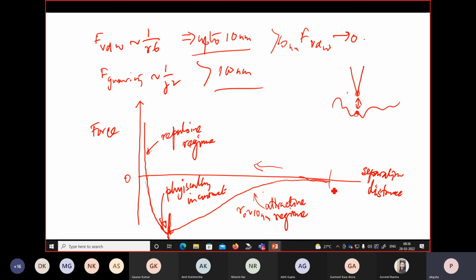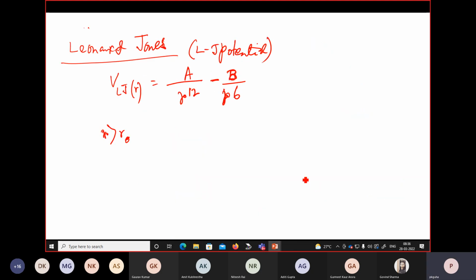If r is greater than r naught, r naught may be of the order of 10 nanometer, both terms will be 0. So V_LJ(r) equals 0. That is the large separation between the probe and the surface atom. So practically there is no interaction.